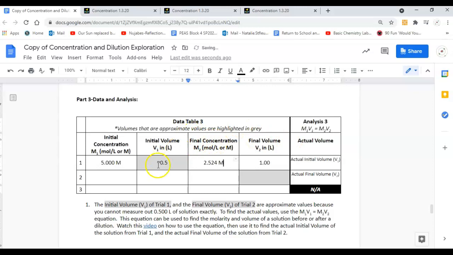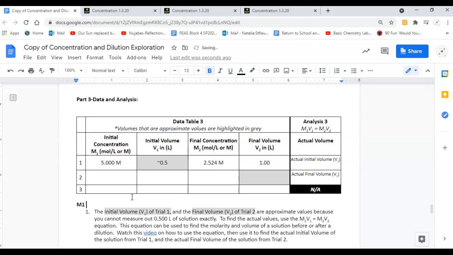So as I said before, what we've done is we've diluted the solution by adding water to our concentrated solution. And now we're going to use the equation M1V1 equals M2V2 to calculate the actual volume. When I initially poured in that solution from the dropper, it wasn't exactly 0.5 liters, but how much was it actually? That's what we're going to calculate here. So M1V1 is M2V2.